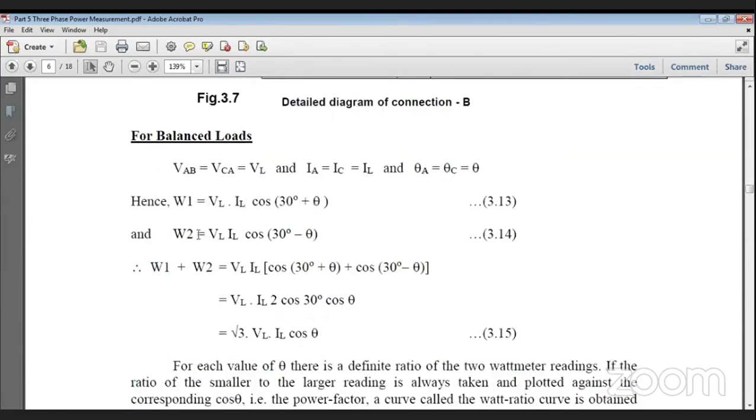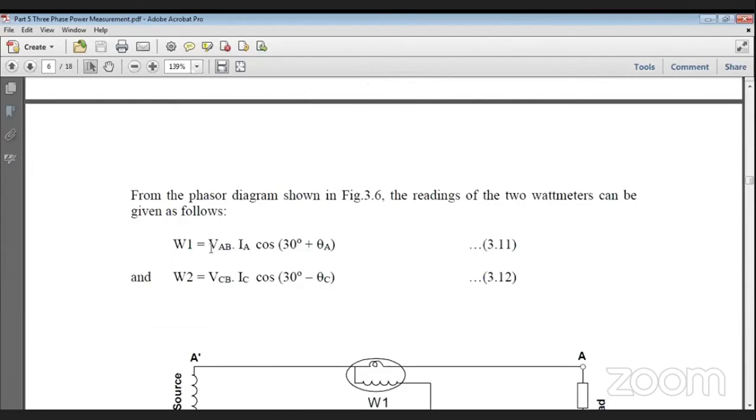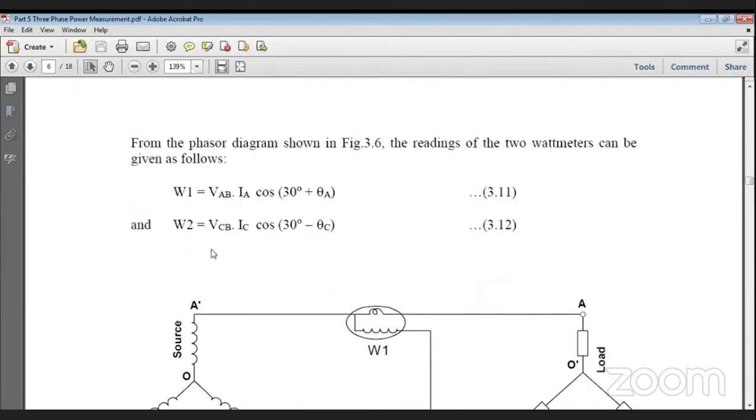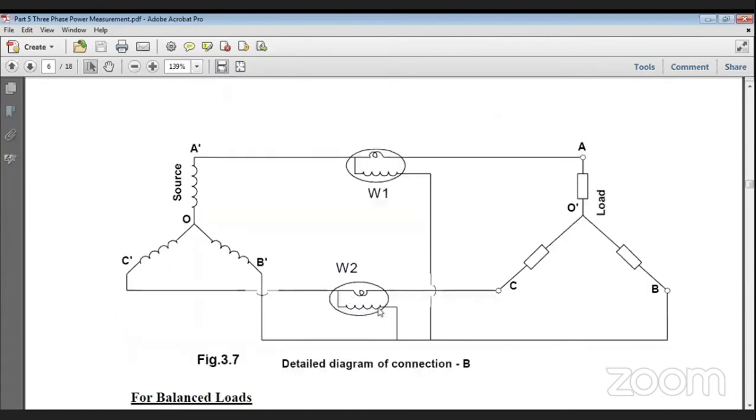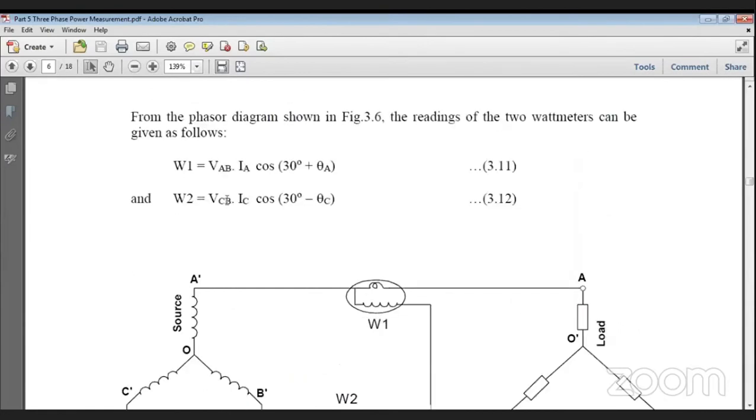That means in these two equations, VAB will be VL, IA is IL, and VCB is VL, IC is IL, because for a balanced load, theta A and theta C are the same. So we get these two equations for balanced load, of course.